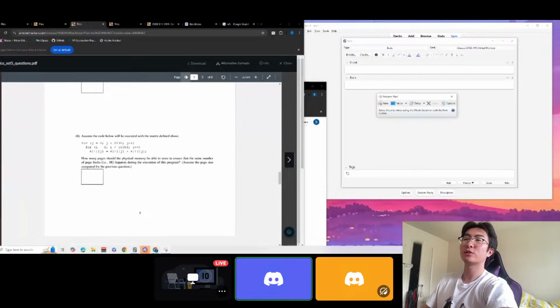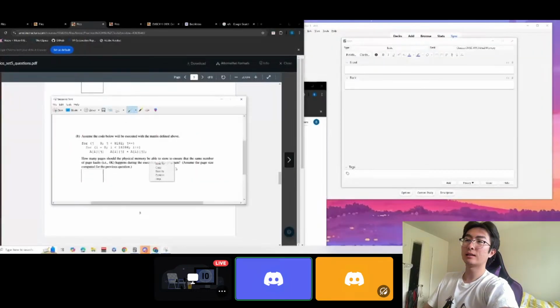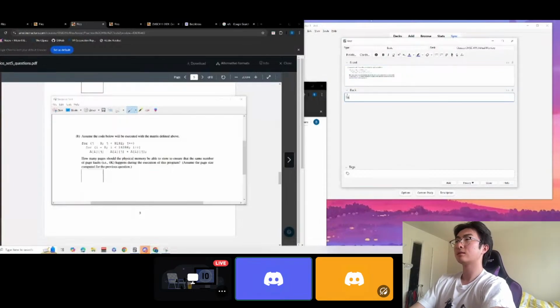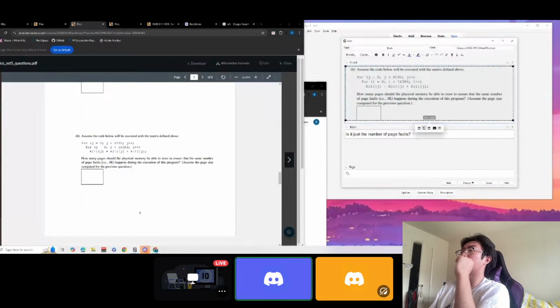I'd imagine it would just be the same page size, but I have a feeling it's not the answer. Number of page faults, right? Wait, let me think.